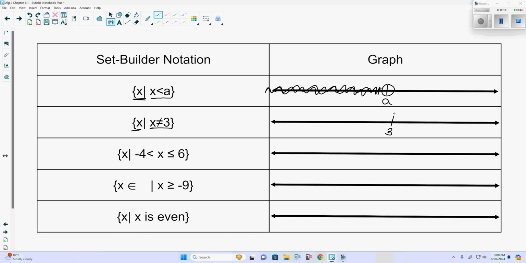It could be anything else, but it can't be 3. Now, graphically, we just make a point at 3 and just shade everywhere else. Just don't shade the 3. Oh, wait, too late.